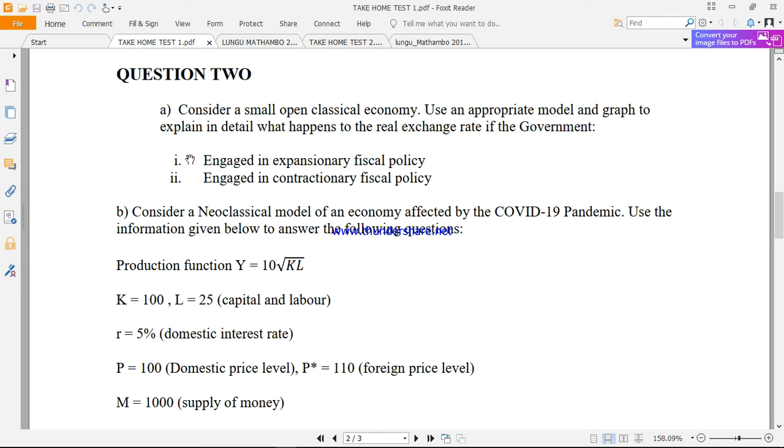All right, and then we understand from what we've been doing that there is some form of relationship between savings, net exports and the interest rate. So the question is saying, given the small open economy, what happens if there's expansionary fiscal policy?